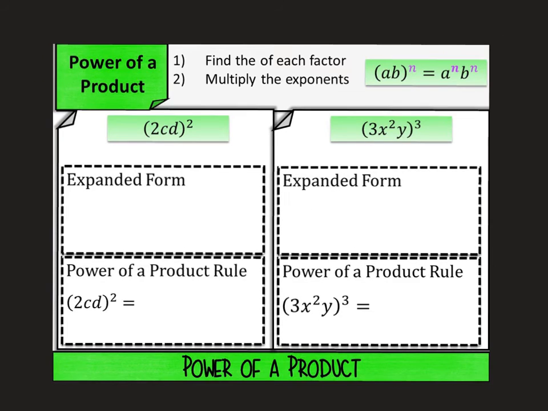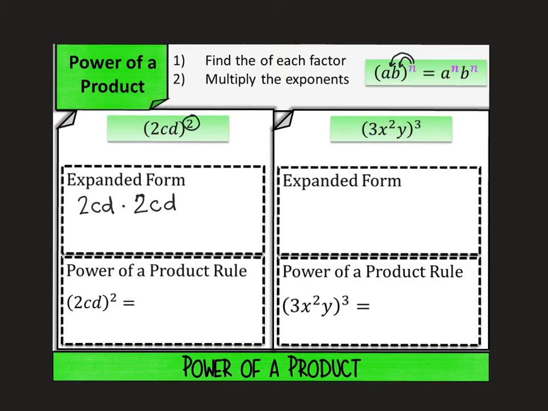So for power of a product, you're kind of going to distribute these is almost what's happening. So see how I have the quantity a, b, all raised to the power of n. And then it's sort of like this just gets dropped to each term, and I have a to the n, b to the n. So if you were to write out the expanded form, so I have 2cd, and it says squared, so it means I'm doing it twice, remember? 2cd, 2cd.